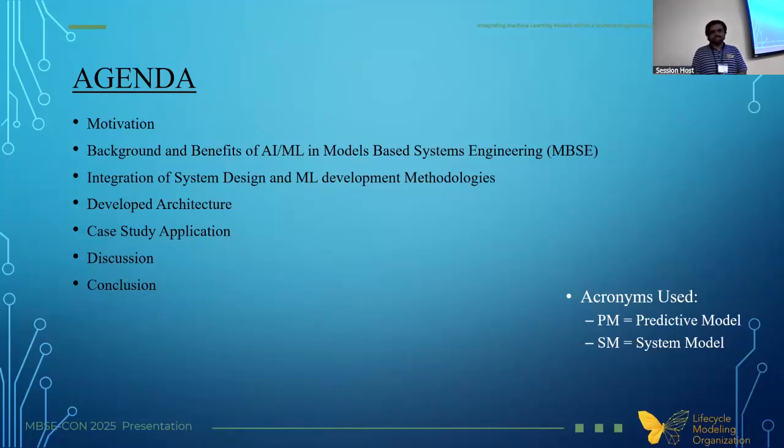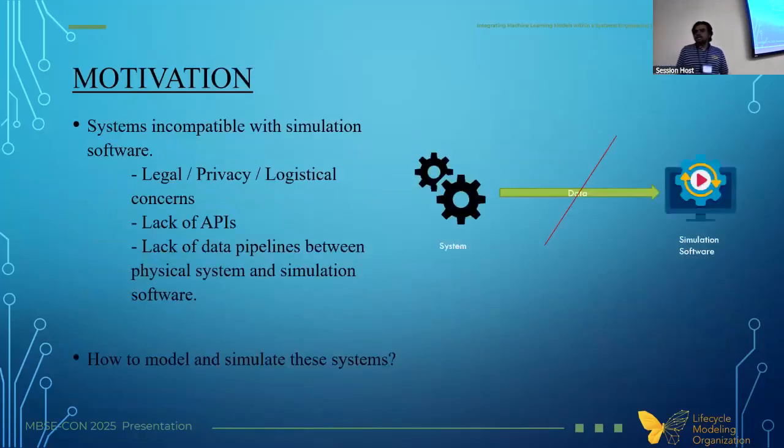And how to integrate the system design methodologies and the machine learning development methodologies together to create an architecture that would help me solve this problem. I'll also demonstrate it using a case study. The acronyms used in some of the diagrams you'll probably see are PM, which stands for predictive model, it can be your machine learning model or your AI model, however you want to call it, and SM, which is system model.